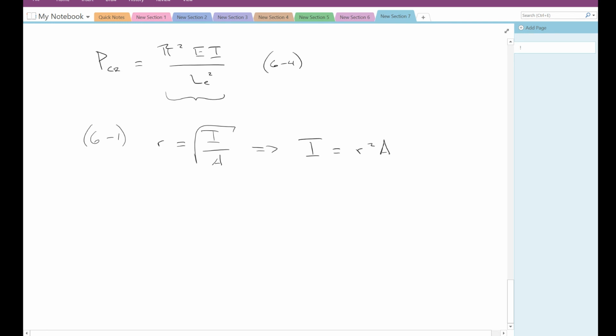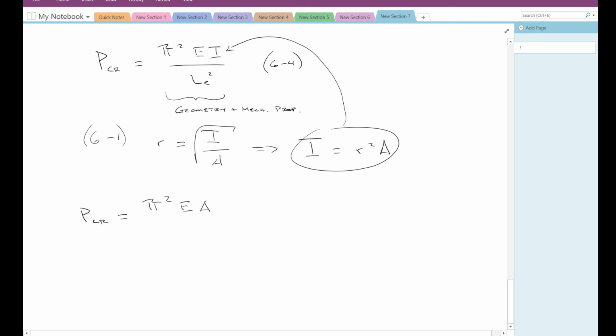And then if we plug this, so I'll write this geometry plus mech prop for mechanical properties, if we plug this in up here, we can rewrite our equation as P critical, our critical load, is equal to pi squared modulus of elasticity E times our area times our radius of gyration squared divided by our effective length squared, like so.